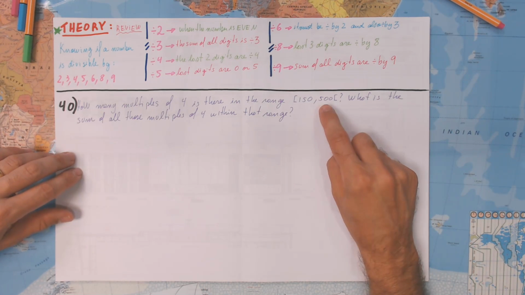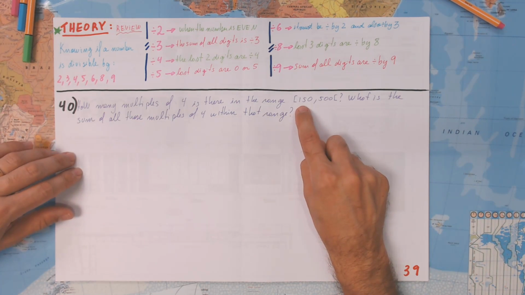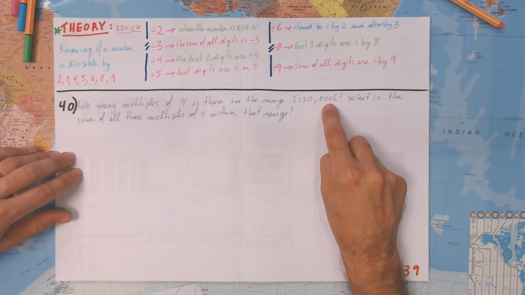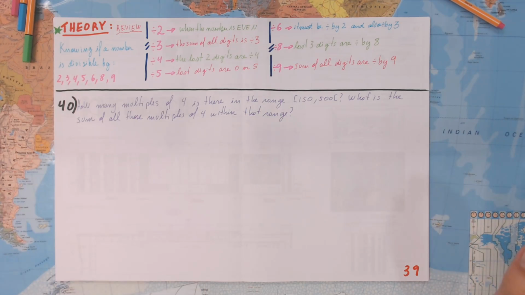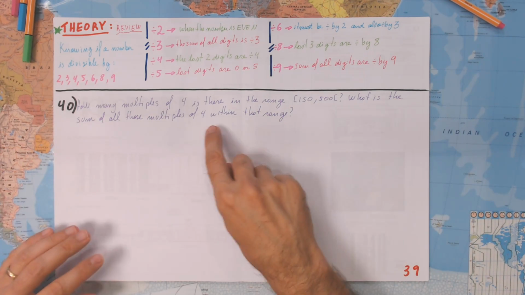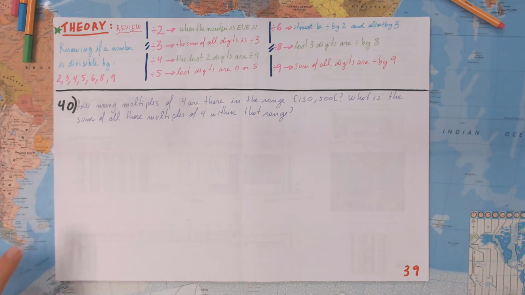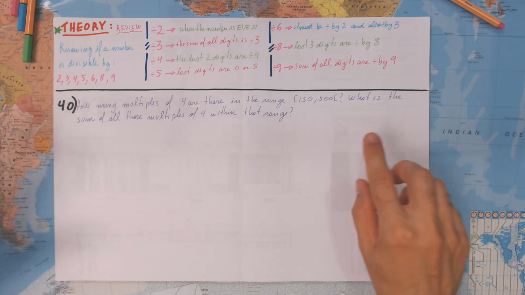It goes from inclusive 150 to 499. So I want to know how many multiples of 4 there are in this range. I just made a correction, it's R, I'm sorry.